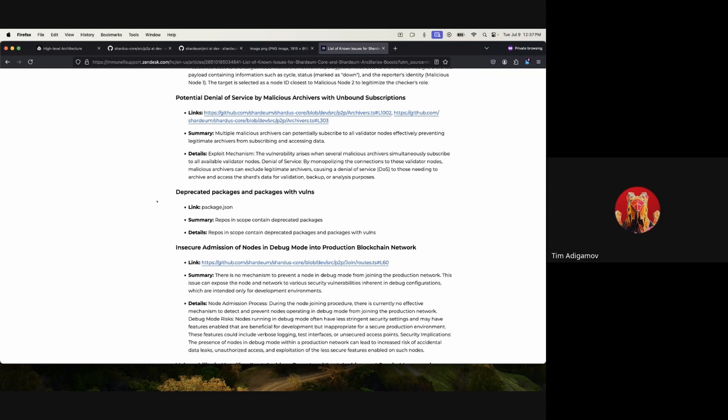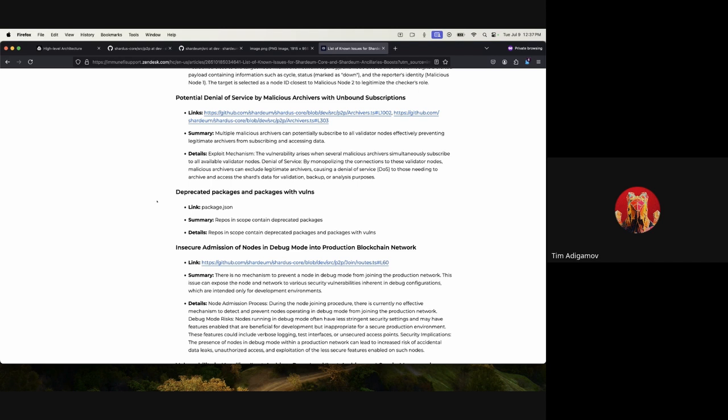This is done on the archiver side: they connect to randomly selected validators and listen for all the transactions which validators are pushing to the archivers. But to limit the load on a validator side, we limit the number of archivers which can be connected to the validator.